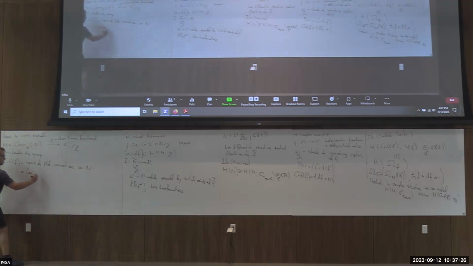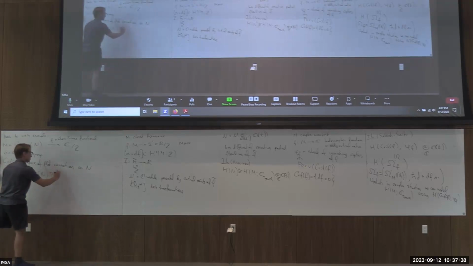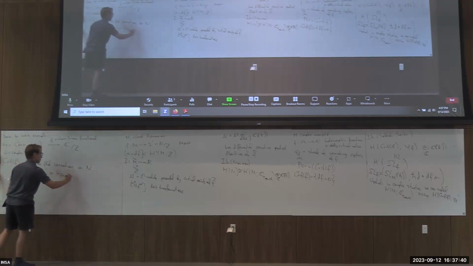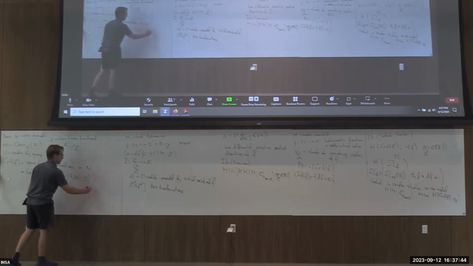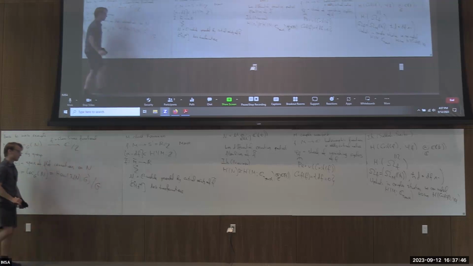Let me just write it as log G of n. You can identify flat connections on the manifold with representations of the fundamental group, up to conjugation.